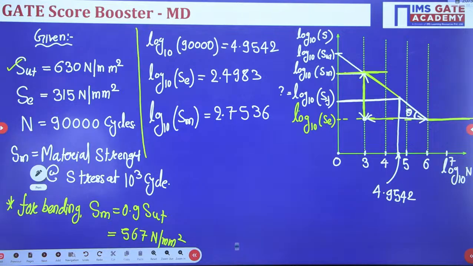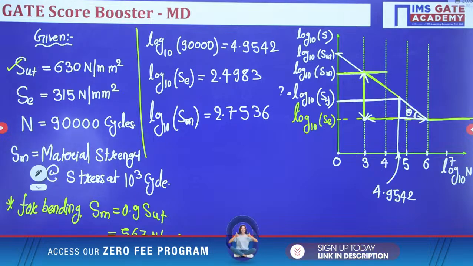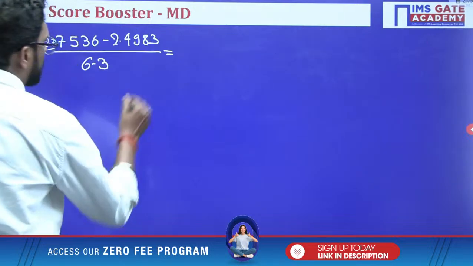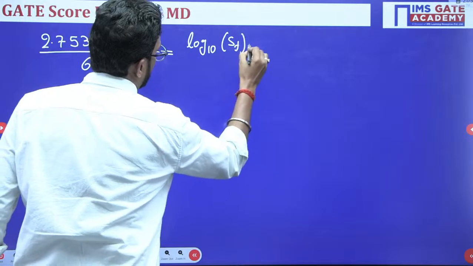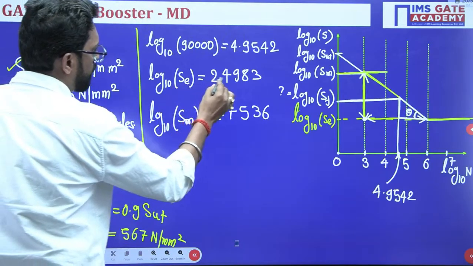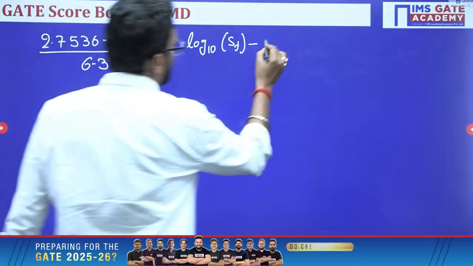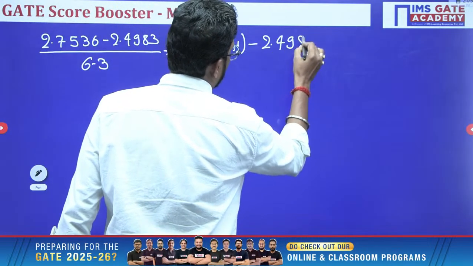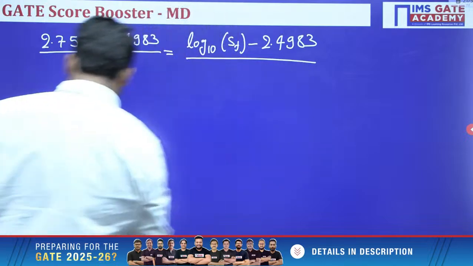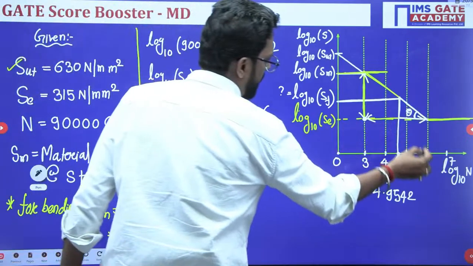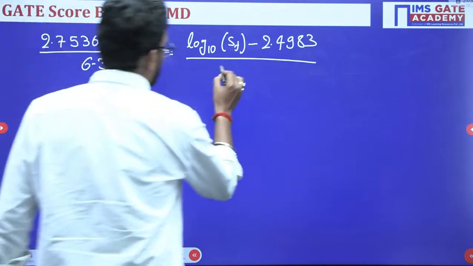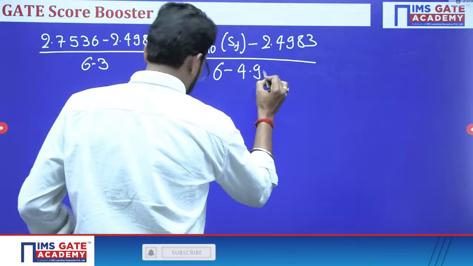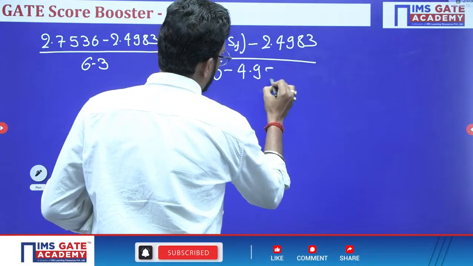So this is your log base 10 SF minus the endurance value 2.4983, divided by 6 minus 4.9542.